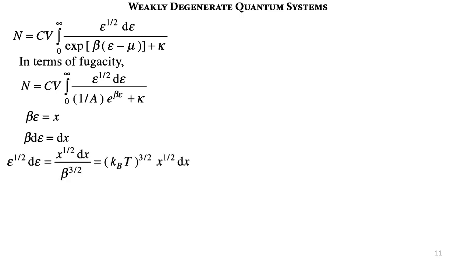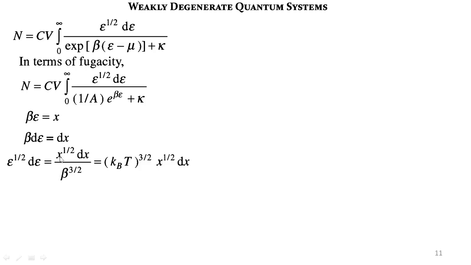So from here, if I write down this numerator, then we can put E equal to x over beta, so that E raised to the power half will be x over beta, whole raised to the power half, right? So that's how this E raised to the power half has transformed: x raised to the power half by beta raised to the power half.